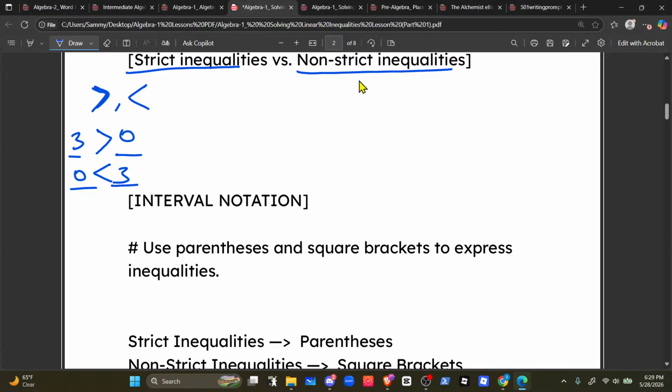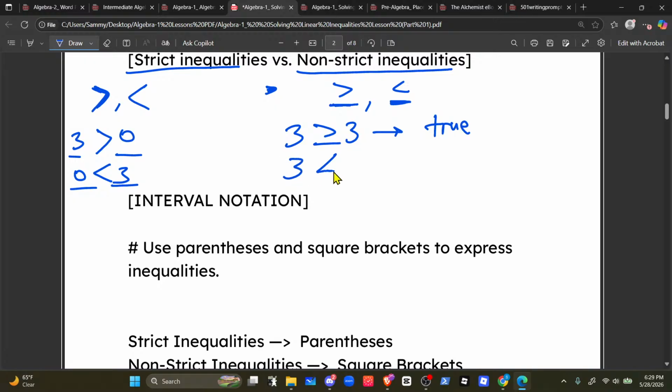With non-strict inequalities, it's a little bit less strict. So the non-strict inequality symbols would be this one. So greater than or equal to, and then less than or equal to. Okay, in other words, they can be equal to what's on the other side. So if we have something like 3 greater than or equal to 3, that's going to be a true statement because 3 can equal 3, right? 3 is greater than or equal to 3.